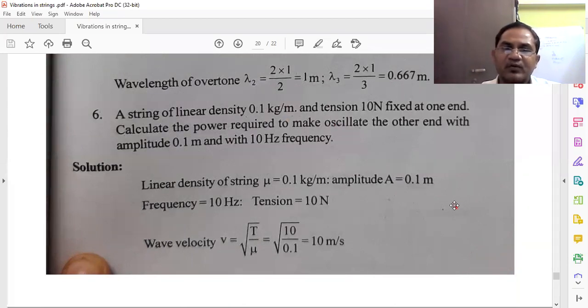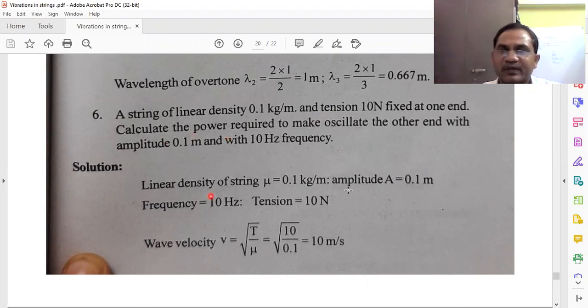Calculate the power required to make the other end oscillate with amplitude 0.1 meter and frequency 10 Hz. Linear density mu equals 0.1 kg per meter, tension T equals 10 newtons, frequency f equals 10 Hz, amplitude 0.1 meter.